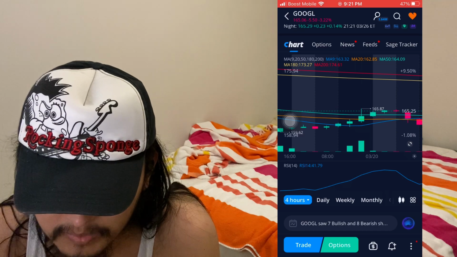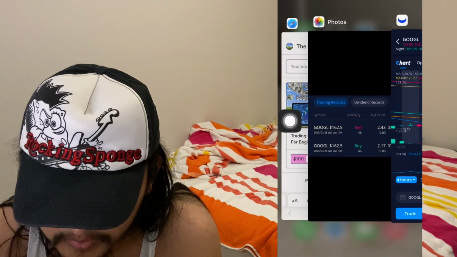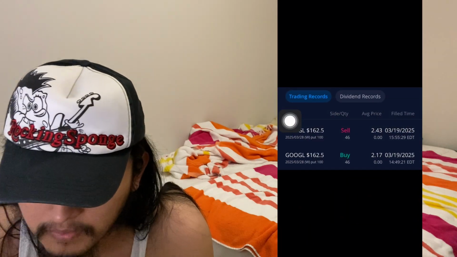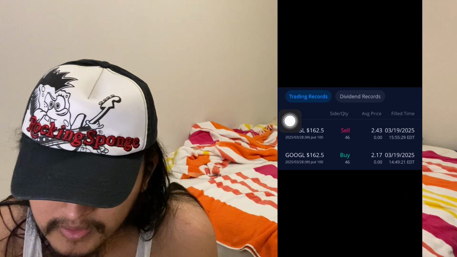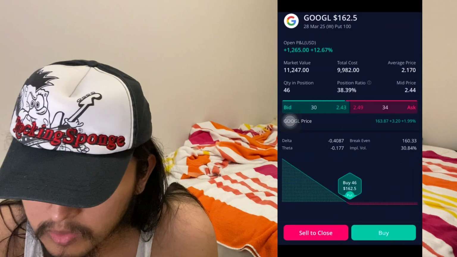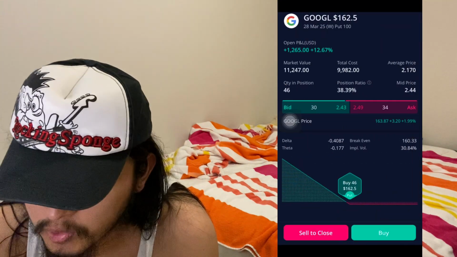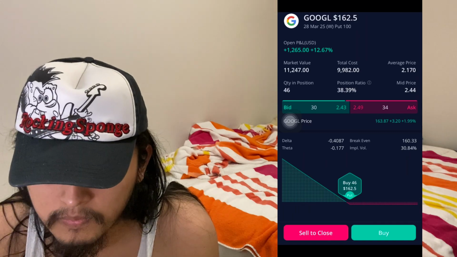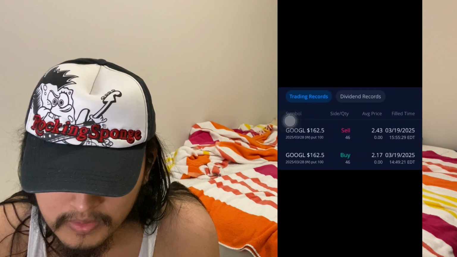So within that same candle, I sold out the position at 1555. When I sold out the position, I made $1,265 just trading 46 Google put options.